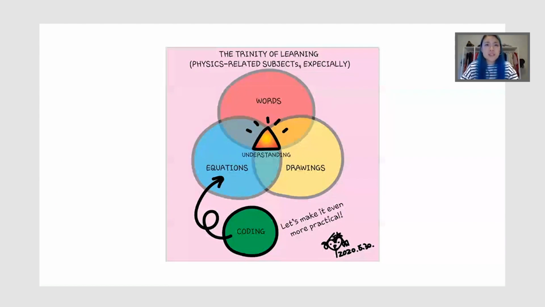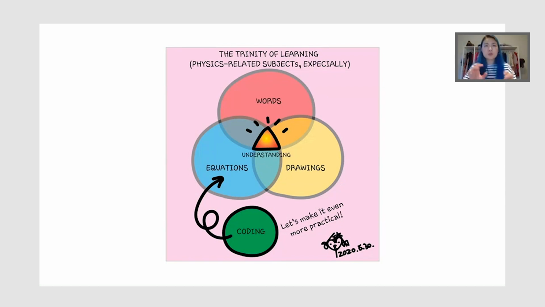In terms of understanding, especially for physics related subjects, quantum computing being one of course, I think there is a trinity for learning and understanding. We need to be able to describe things with words, we need to be able to use equations to describe the system, and you need to be able to use pictures to condense the words.